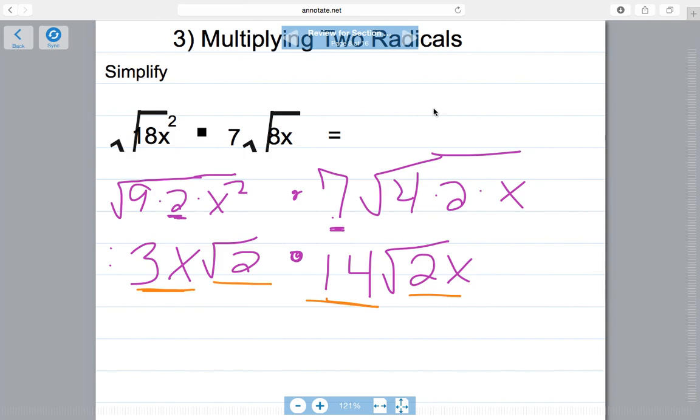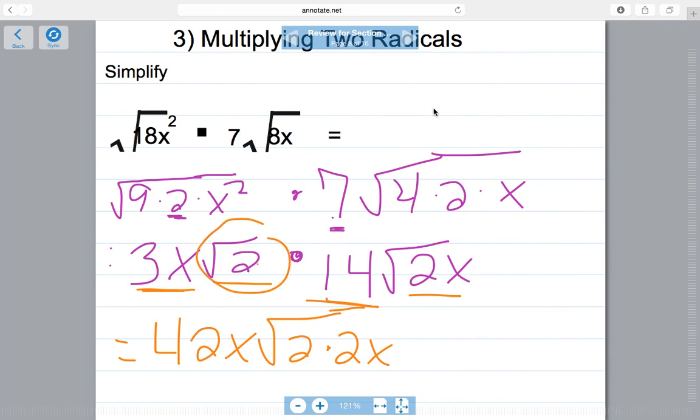So let's do that. So 3x times 14 is 42x times the square root of 2 times 2x. Again, 2 times 2x comes from this 2 and then this 2x. So we have 42x times the square root of 4x.